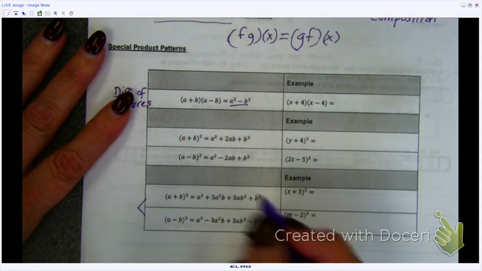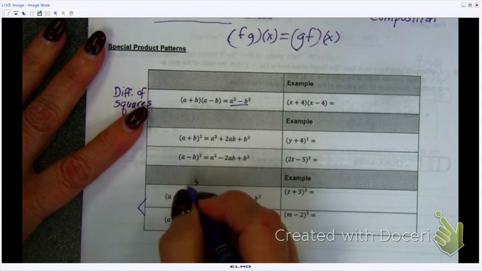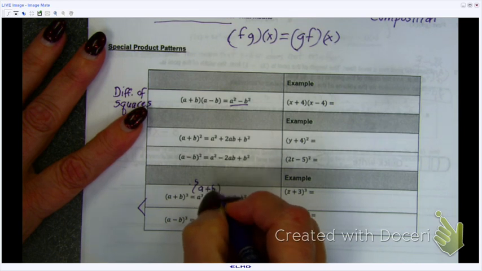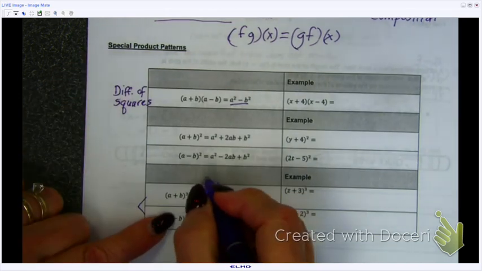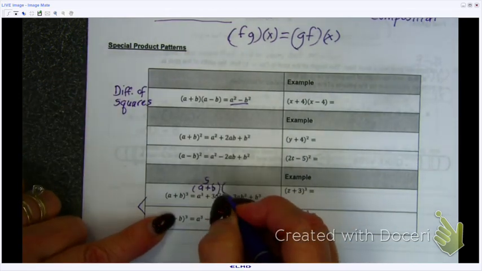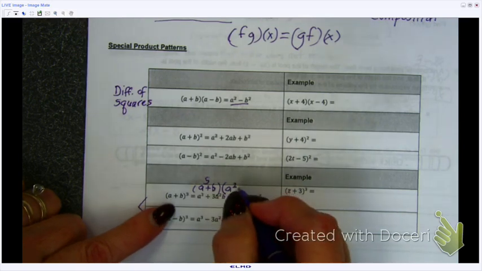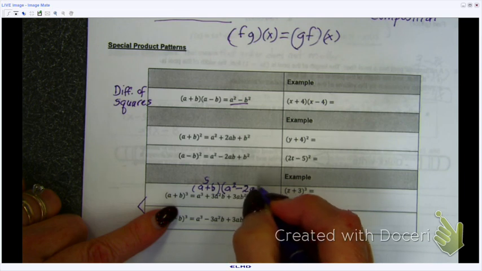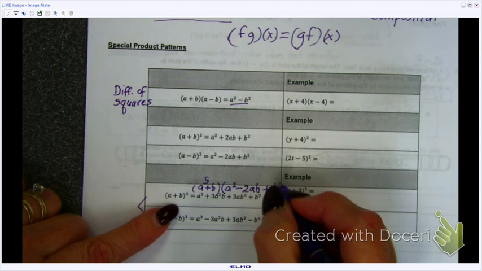I called it SOAP. It's equal to A plus B. So this is the same sign. If this one was plus, this is plus, so that's the same sign, times A squared, the opposite sign, so now it's minus the minus 2ab, and then the last one is always positive.